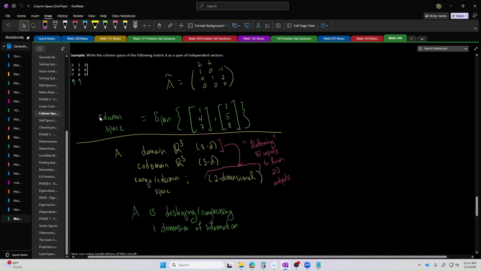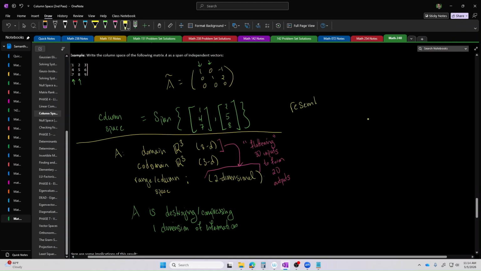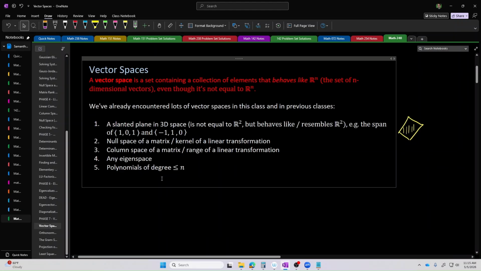So this column space resembles R2 because it is spanned by two vectors. It looks like a plane within three-dimensional space. It resembles the XY plane. It behaves like the XY plane, even though it's not strictly speaking equal to the XY plane.